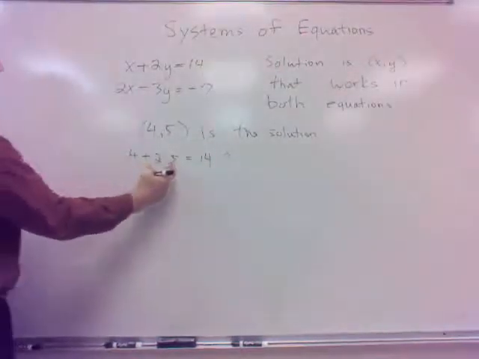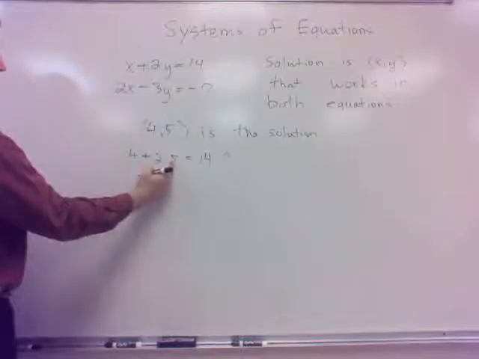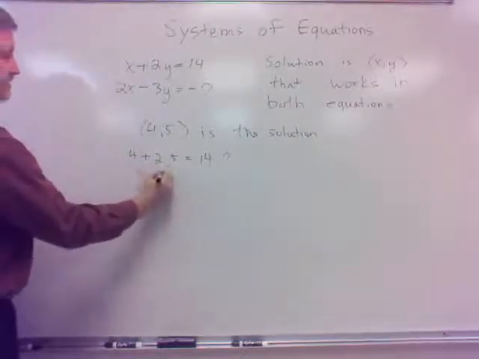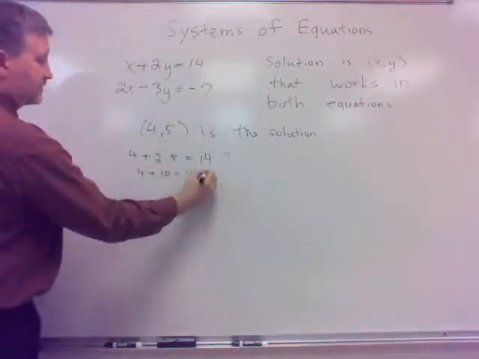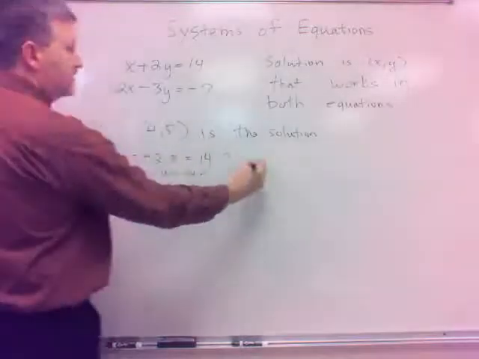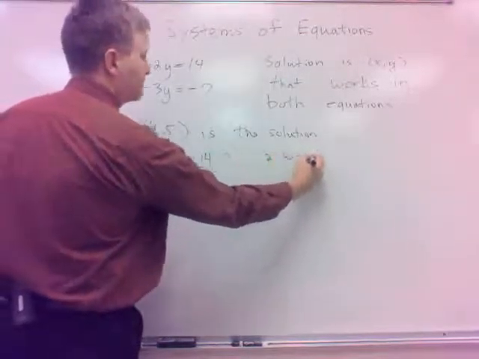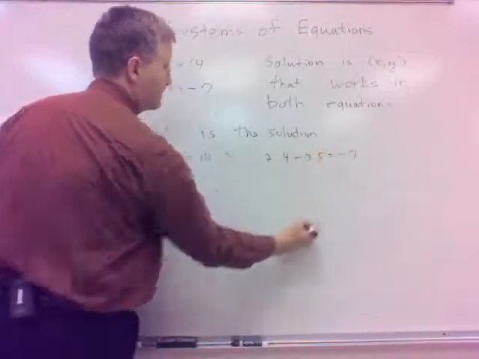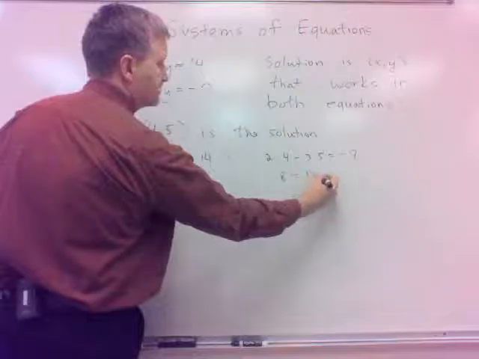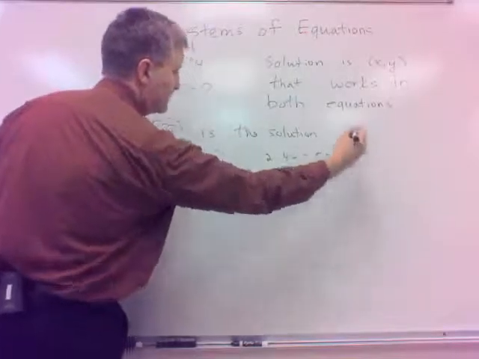Because if I plug in 4, 5 for x, y in the top equation, that gives me 4 plus 10. Yeah, sure enough, that is 14. If I plug it into the bottom equation, 2 times 4 minus 3 times 5, that equals negative 7, doesn't it? Because that's 8 minus 15, and that does indeed equal negative 7.